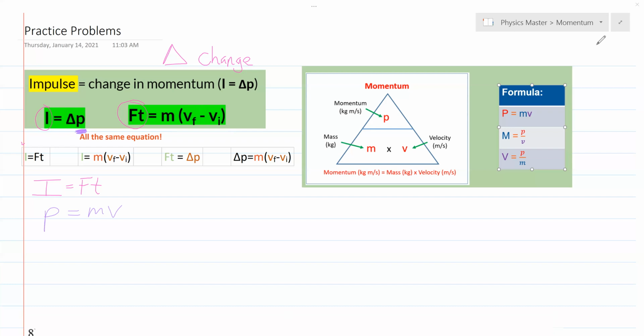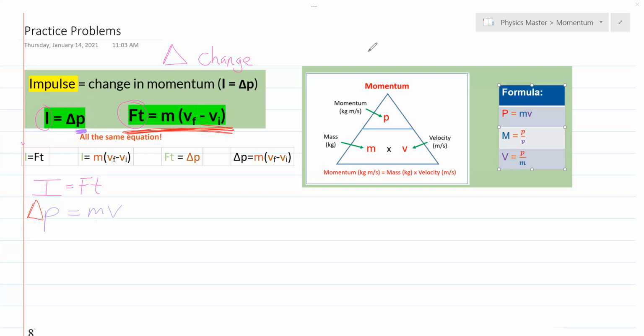Instead of just saying P, if I say delta P, that means something about the momentum changed. Well, it can only be the mass or the velocity. Based off this equation, what changed? What is listed twice, but there's two different numbers for it?